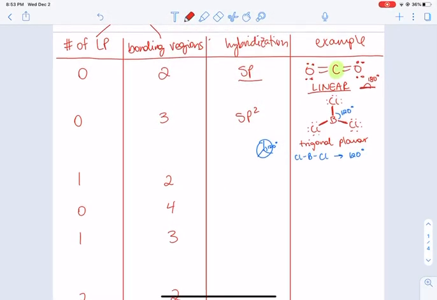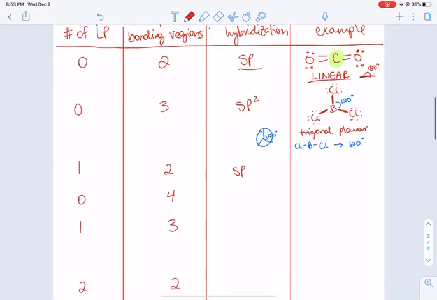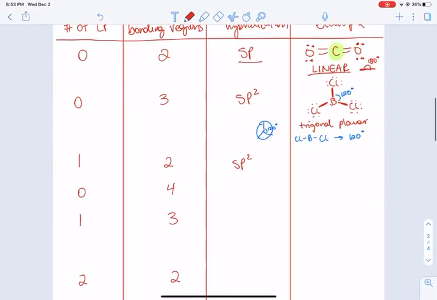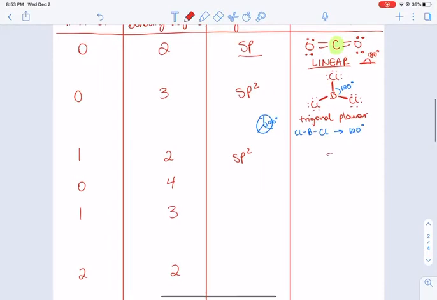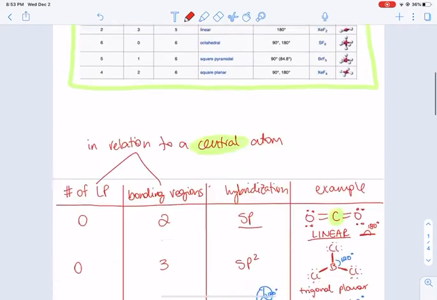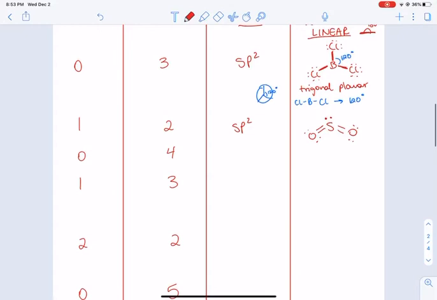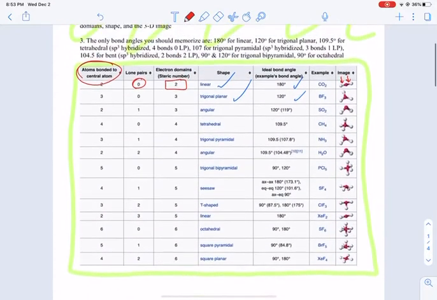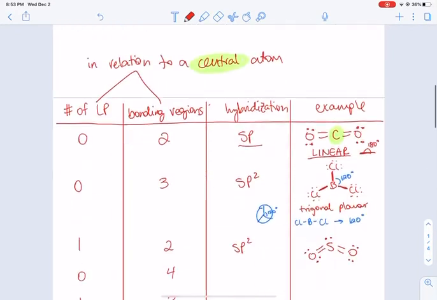Now, the next thing we can have is if we have 1 lone pair and 2 bonding regions. This is still an example of an sp2 hybridized atom, and this could be something like SO2, which looks something like this. So this would be an example of something that is, I believe, they call it angular.